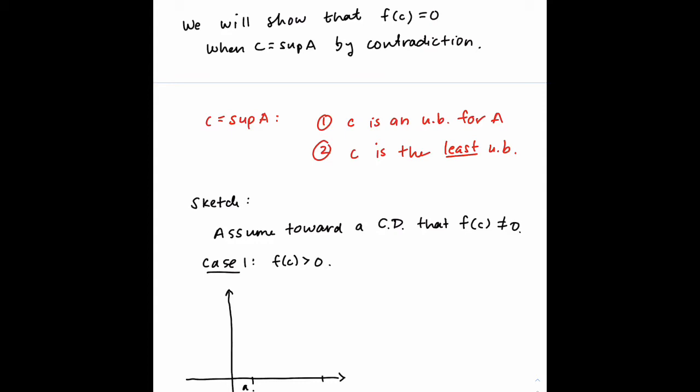And B is the one that evaluates to a positive function value. And what we are assuming in this case is that the C value that we are finding, which is supposed to be the supremum of the set capital A, is going to be positive. So that's what we've assumed.